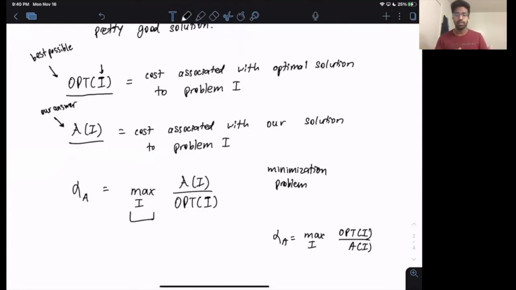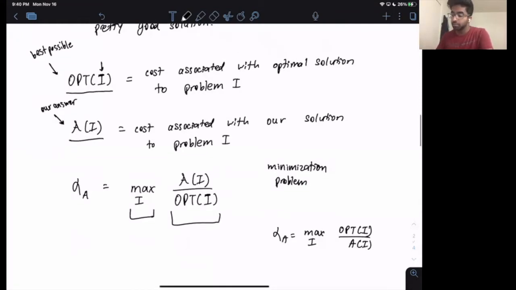Anytime we're trying to minimize some sort of value, we don't care about a specific instance of the problem. What we want to analyze instead is, for any instance of that problem, what is the maximum possible ratio that we get, right?